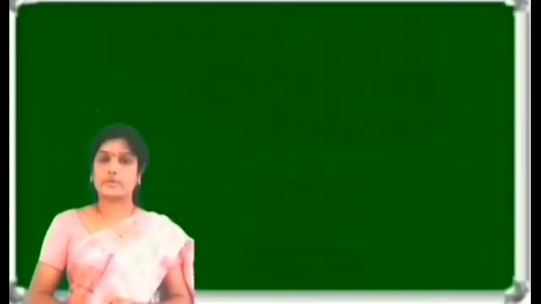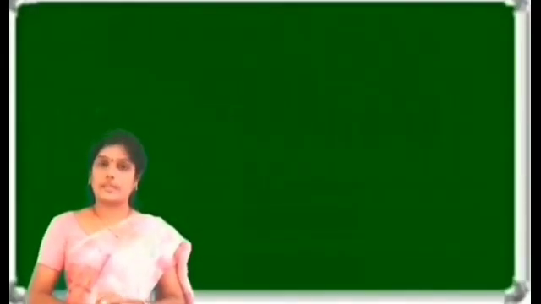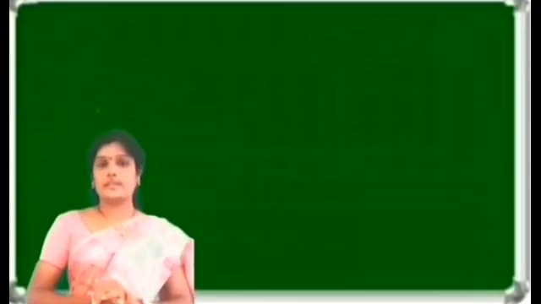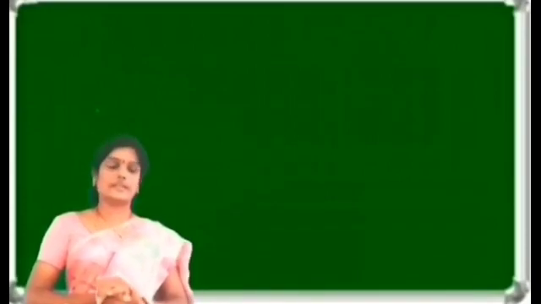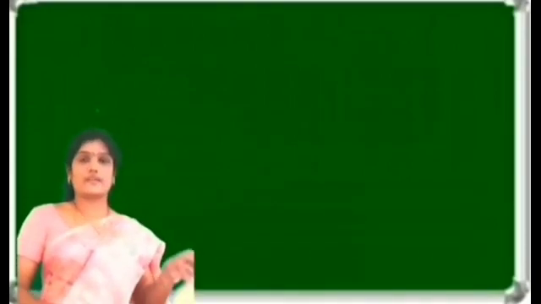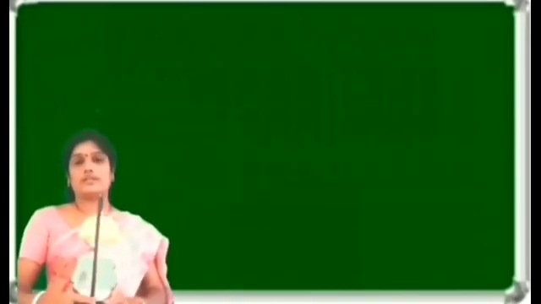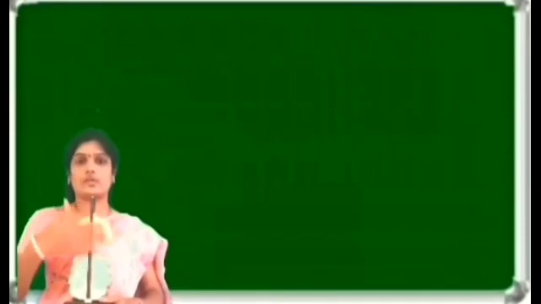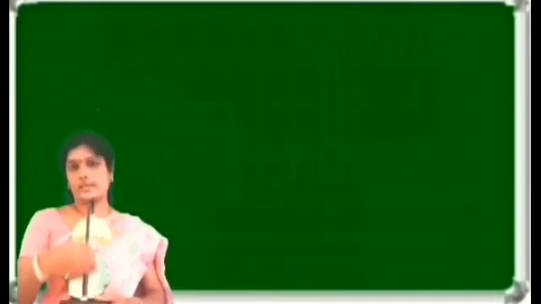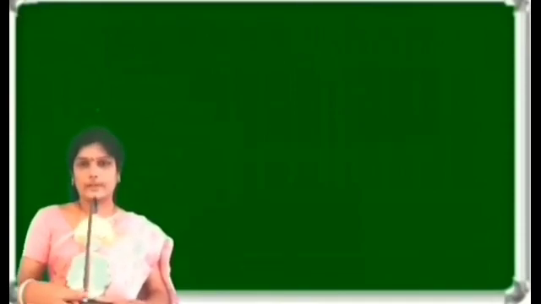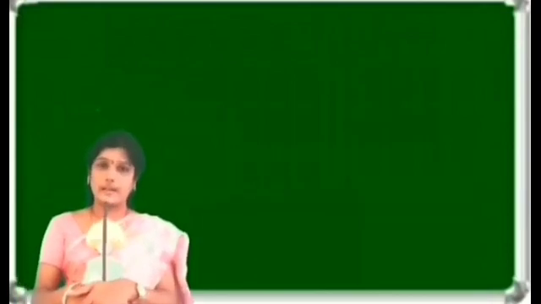Now I'll show you some objects. You have to say which type of lines are there in those objects. First, see this lamp, children. Here, at the back of it we have one rod. It is vertical. What is another name of vertical line?